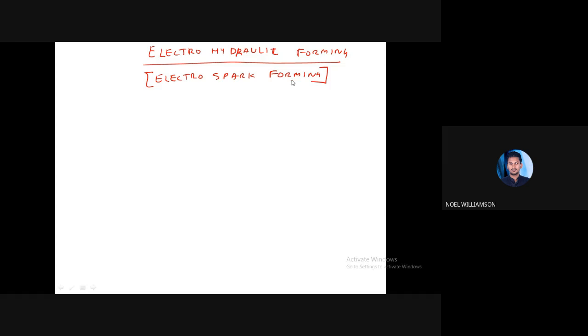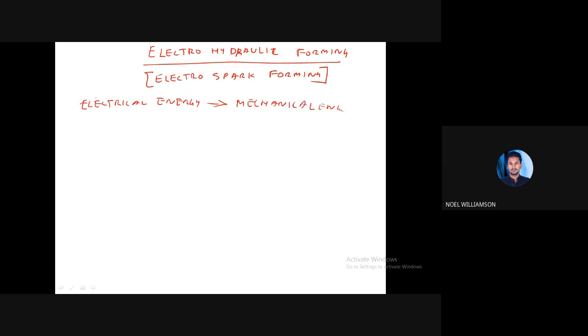So in this particular process, electrohydraulic forming or electrospark forming, how is the energy converted? The electrical energy is converted into mechanical energy. How is it converted?